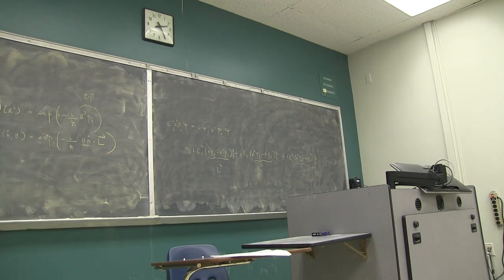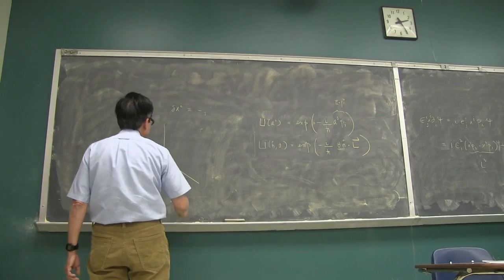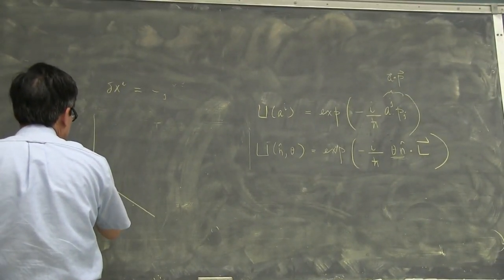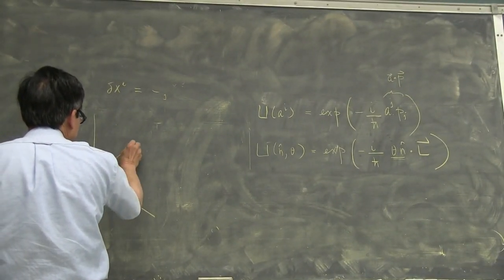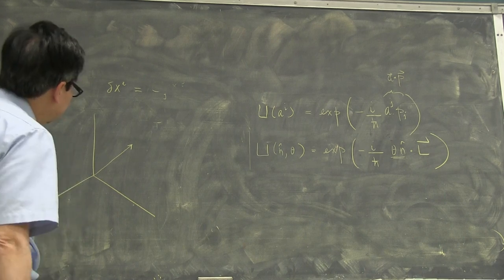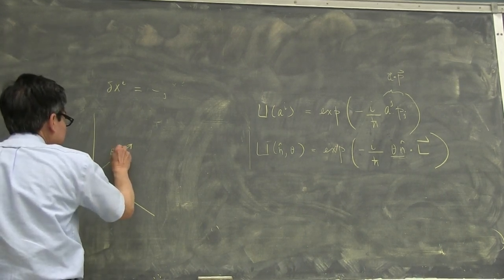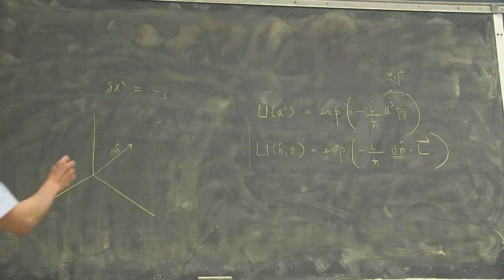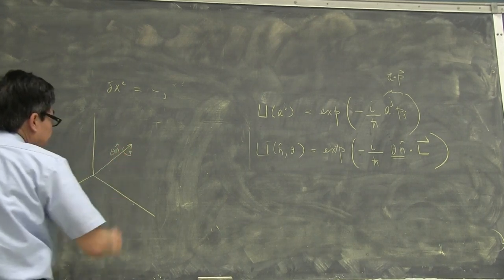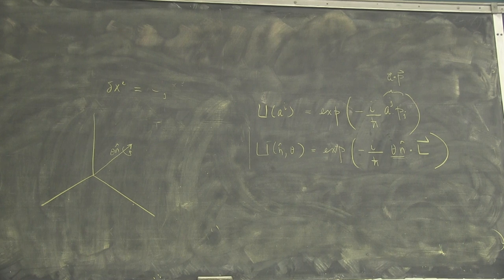Let's say you talk about rotation in 3-dimensional space, which I'm going to characterize like this. Let's say this is a particular vector which describes the rotation, and the rotational angle about this axis is theta. Then the vector has length theta, and its direction is along the direction of the axis of rotation.